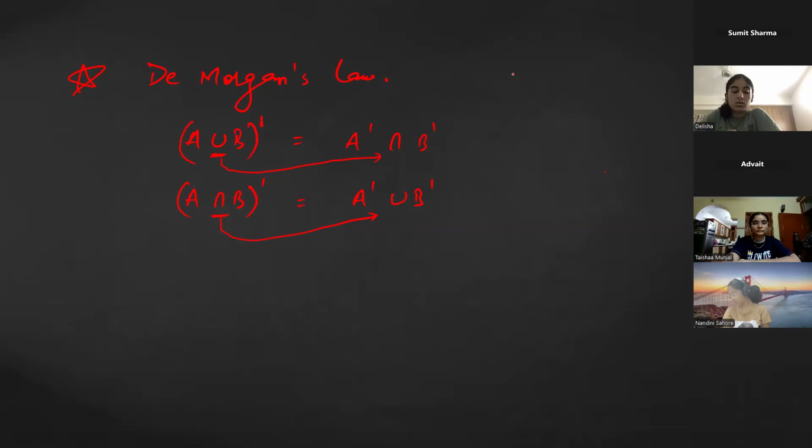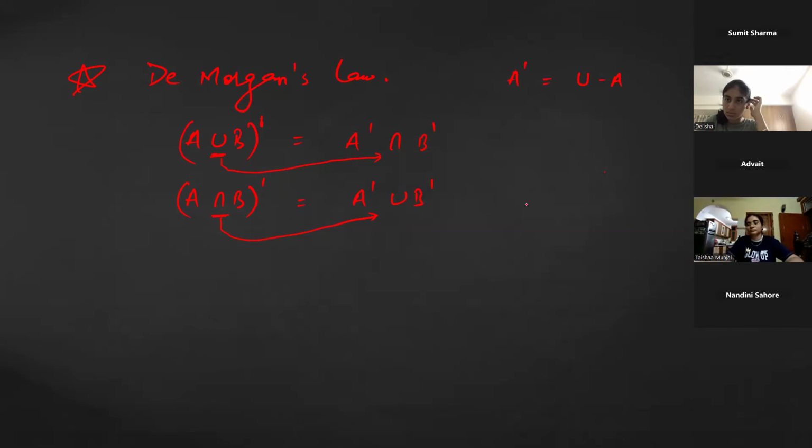For example, we have done the complement of set. So A complement is U minus A. So basically, if it is A union B whole complement, which means you have to find the difference U minus A union B whole, right?